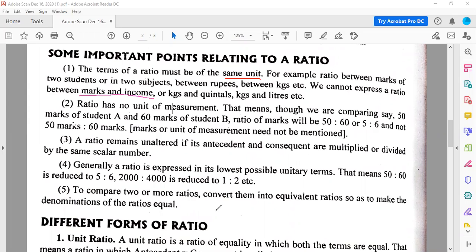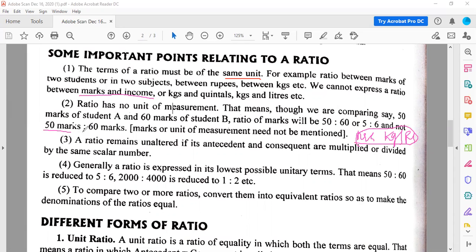Then, ratio has no unit of measurement. Usually when we solve the problems, we would be getting the problem saying hours, kgs, rupees. But in the final answer, you should not add any of these units to the ratio. Now if you see here, the marks of two students are 60 and 50.